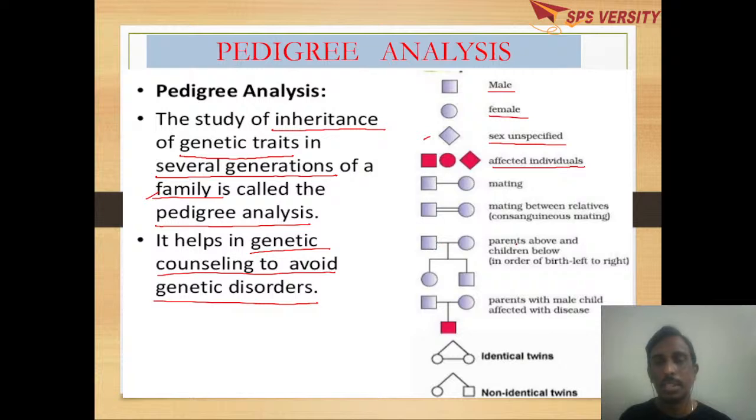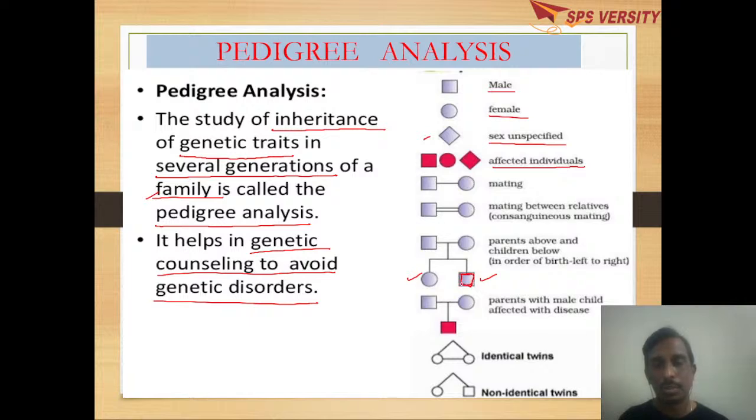The children who are born to this couple are written in order from left to right. If you take this example, the first child is a baby girl, the second child is a baby boy. Suppose this boy is affected, he is filled with red color.